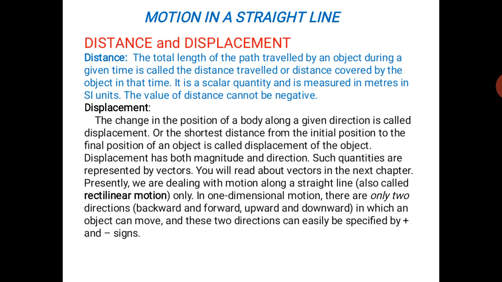Cleared? And you have to mention the sign for displacement. If the particle is not moving along a straight line, then the magnitude of the displacement is less than the distance.